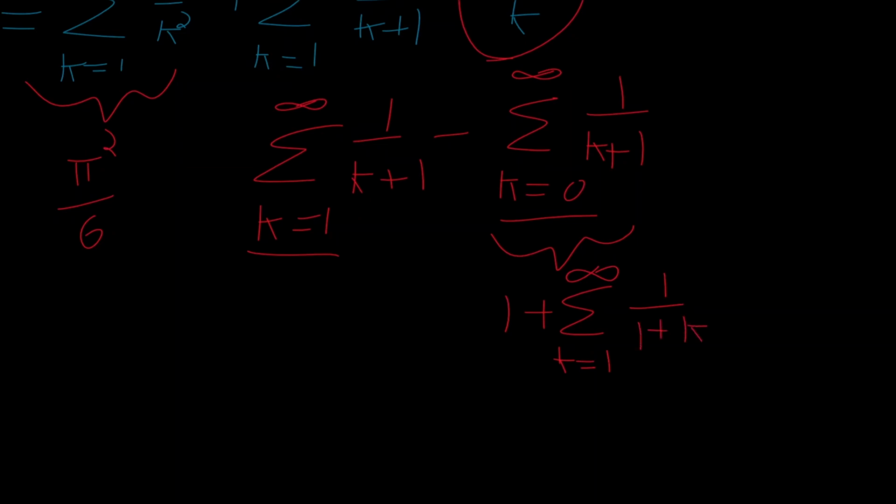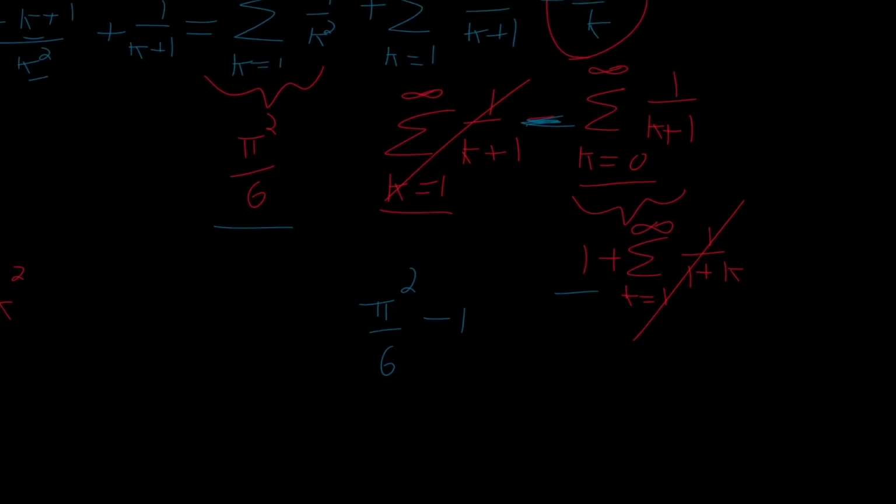But you'll see here that this and that are just going to cancel, because we have this good old minus sign right there, which leaves us with pi squared over 6 on the left, and this 1 right here, which because of the aforementioned negative is just going to be minus 1. So the value of this awesome zeta sum is just going to be pi squared over 6 minus 1.